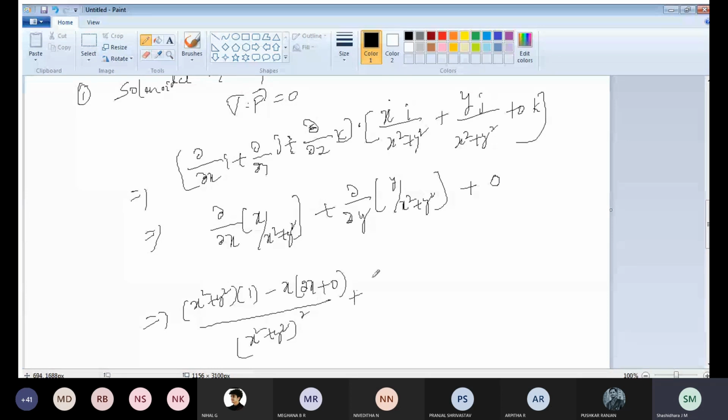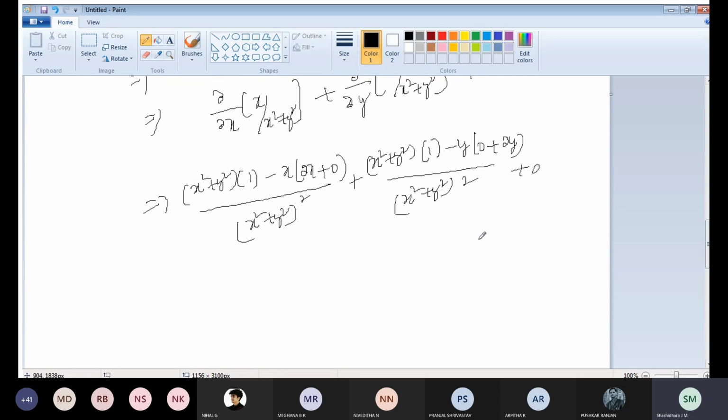Plus here, with respect to y, y becomes 1, next minus y into differentiation of denominator, x square becomes 0 and y square becomes 2y, divided by denominator square. Plus the last term is 0.